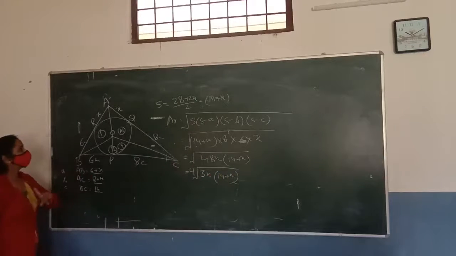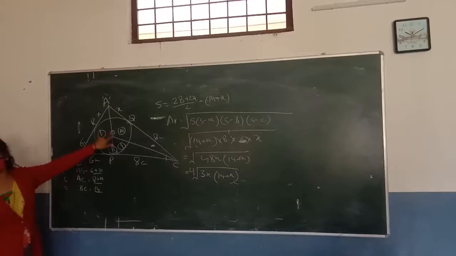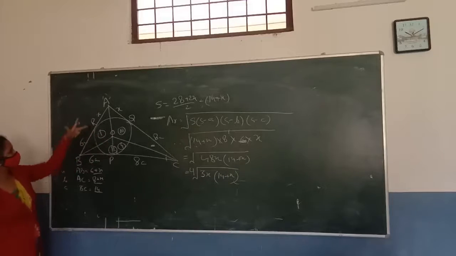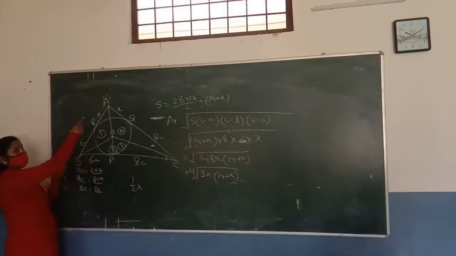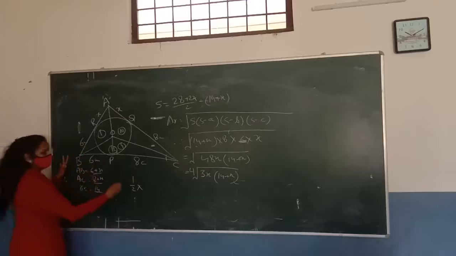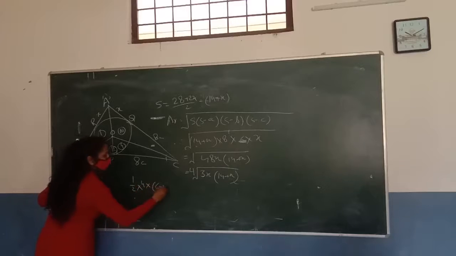Clear? Now you will find the area of these three triangles. This one is 1/2 base into height. So area of this triangle is 1 upon 2 into base, which is 6 plus x, and height is how much? 4. 1 upon 2 into 4 into 6 plus x.